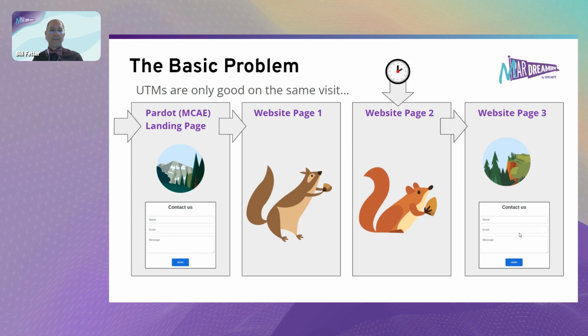The other problem that we often will see is people will visit and then they'll come back later and they don't have UTMs because they type in your website address and come back as a direct visit, and they might fill out the form on that second visit, and your UTMs again are gone. So how do you keep hold of these UTMs so that you can see, did my advertising actually bring someone to the website to do something?